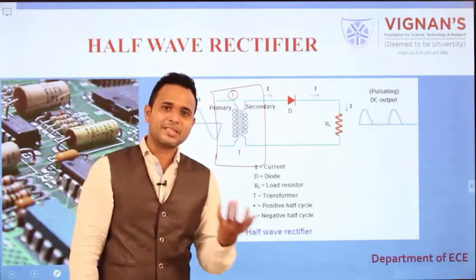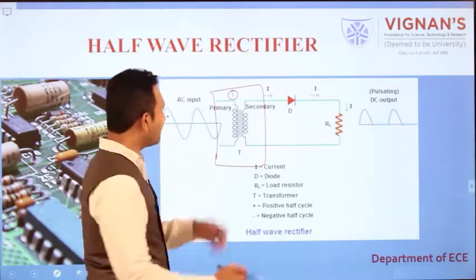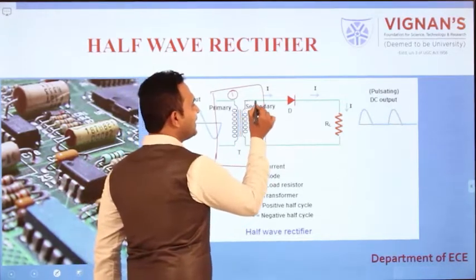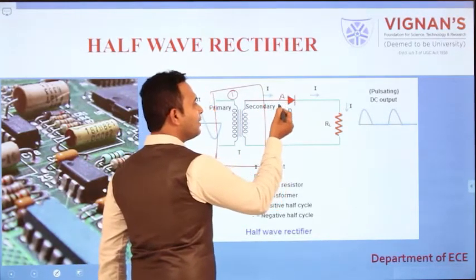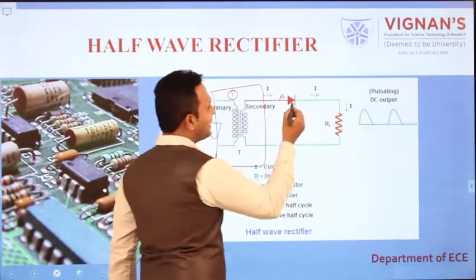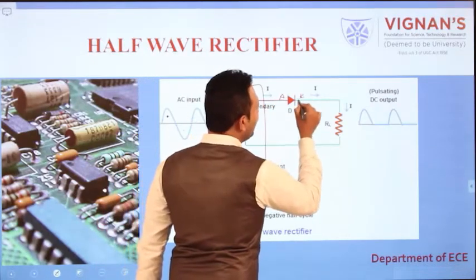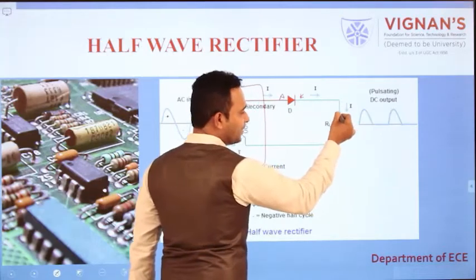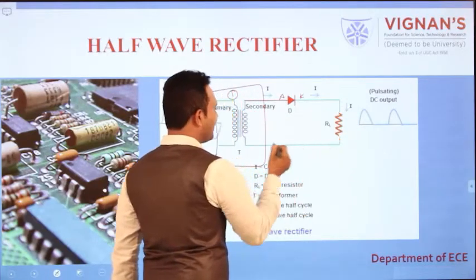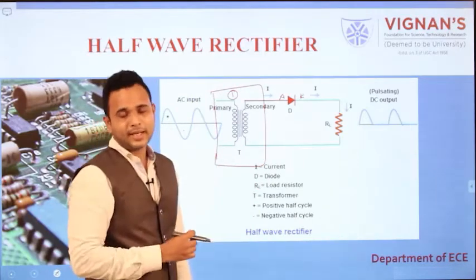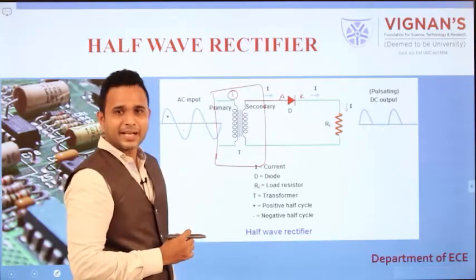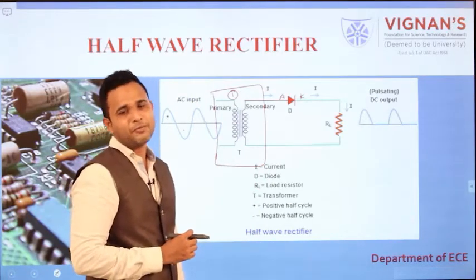Here we are using a step down transformer. One terminal of the step down transformer secondary is given to the diode anode, and the diode cathode is connected to one terminal of the resistor, and the resistor's second end is given to the second end of the secondary terminal. This is the basic construction of the half wave rectifier.